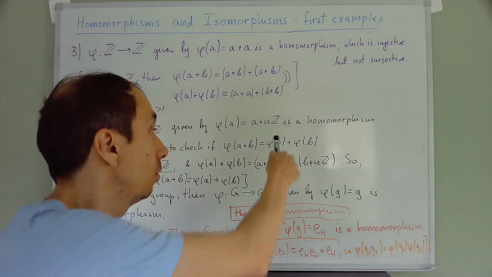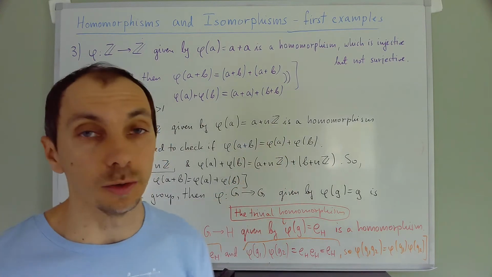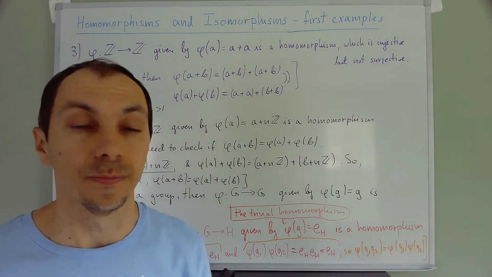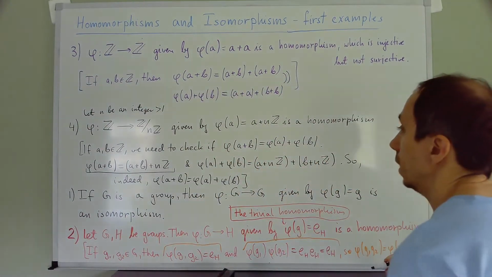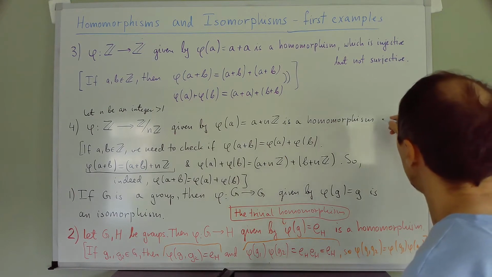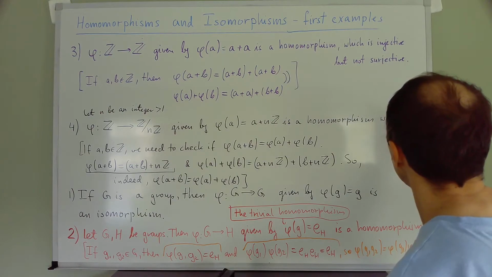If n was different than 3, you'd have more of those, but surely you can get every element like this from that sort of map. So phi is a homomorphism which is surjective but not injective.